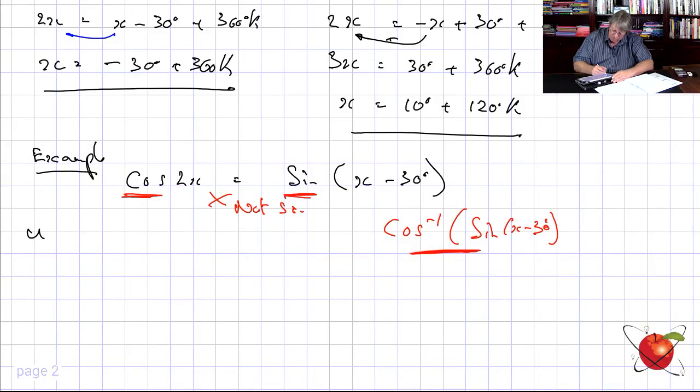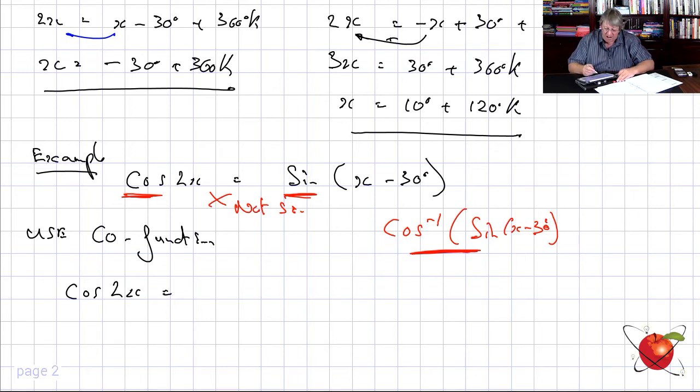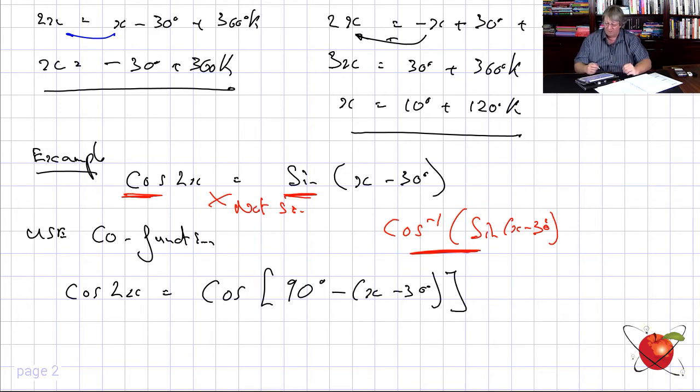I use cofunctions. I say cos of 2x is equal to, I change that to cos of 90 minus x minus 30 degrees. Can you see? Let's just recap this. Sine. I want this to be cos, because then I can apply the recipe that I used above. Correct?